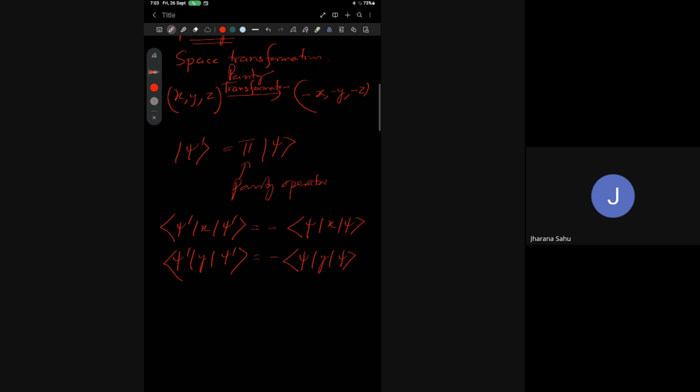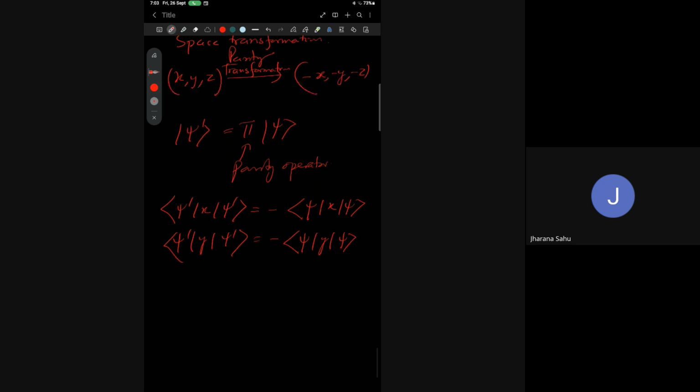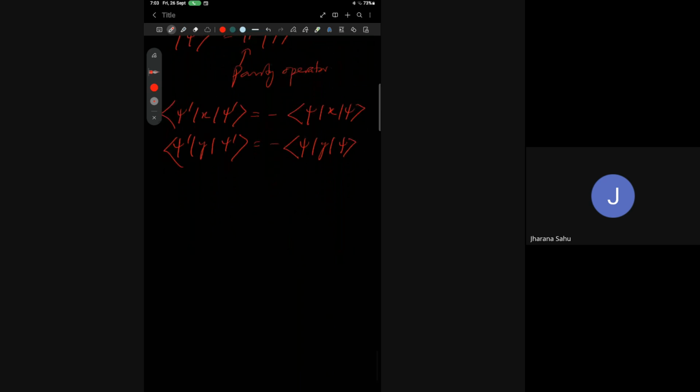So in general, if we try to write the expectation of x in psi prime, in order to write this, psi prime I have already written is equal to pi psi.